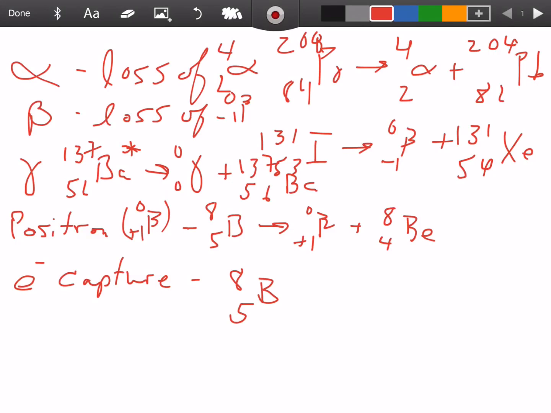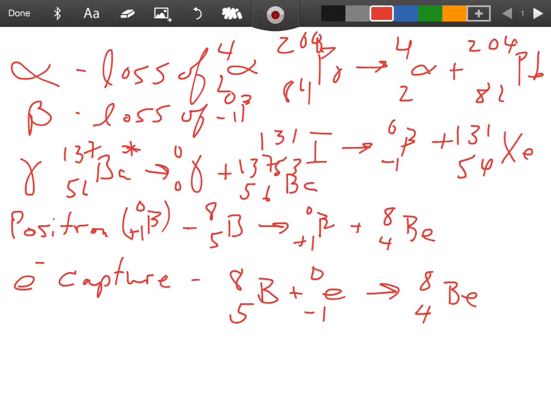So we get a boron there, and if we get electron capture, then what we're going to do is add to this an electron. And what do we end up getting from that? 5 minus 1 is 4, 8 plus 0 is still 8, so we still end up with the same product that we had before. So electron capture and positron emission give us the same result.